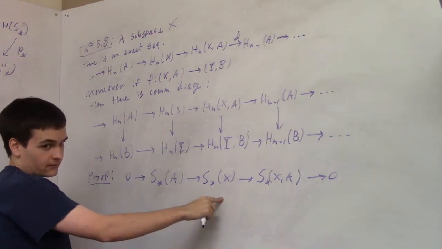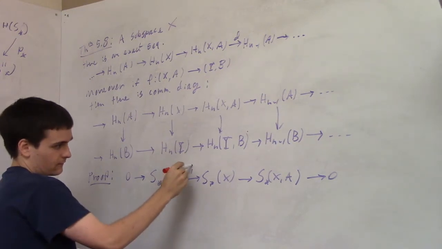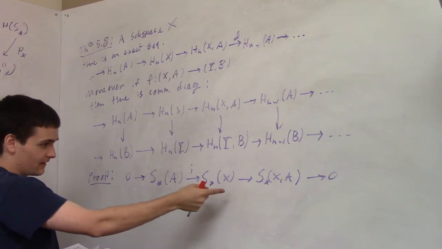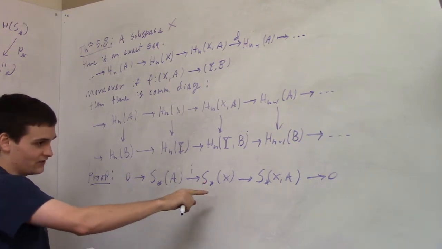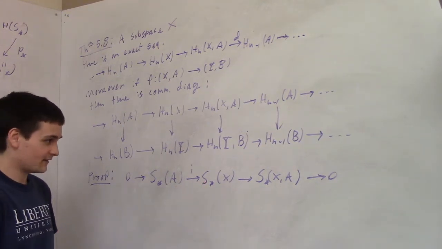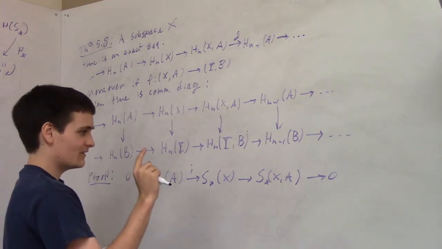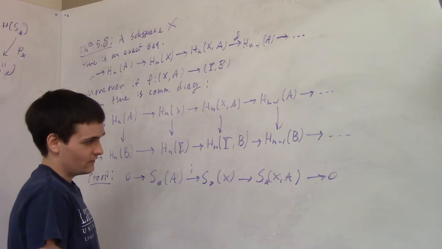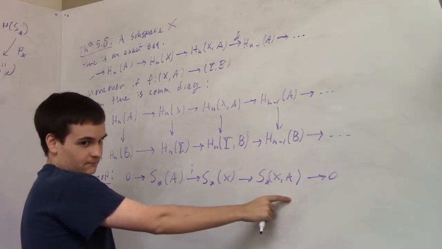But it's the third map here that I couldn't quite figure out. Because here you can just use the inclusion, and that's injective, so that's nice, that's what we want, because if it weren't injective, then this wouldn't be short exact. The issue is here. The other natural choice would be the inclusion.